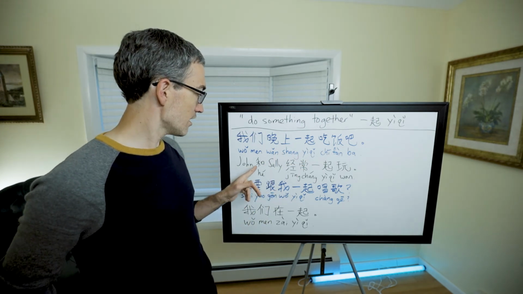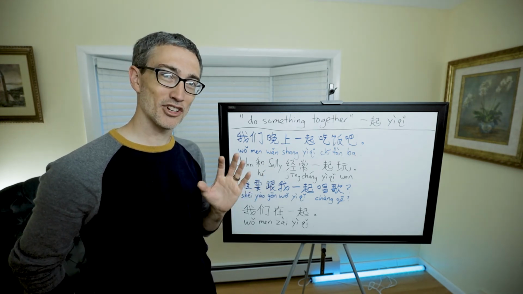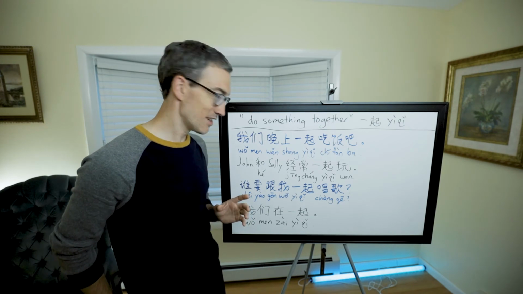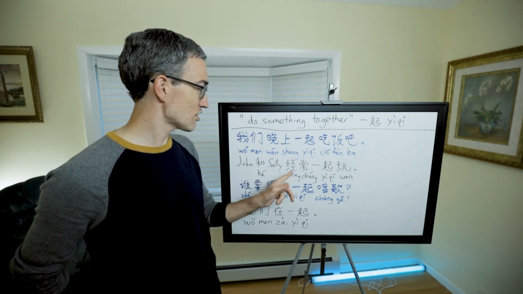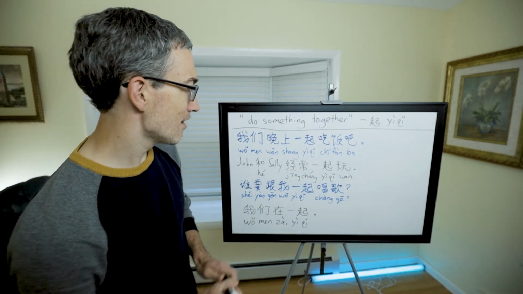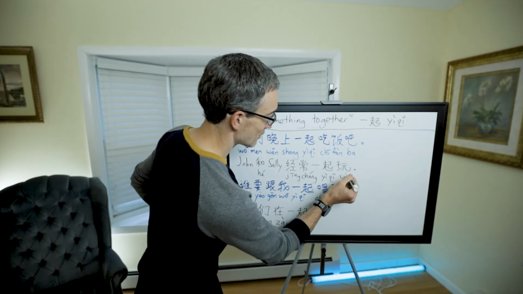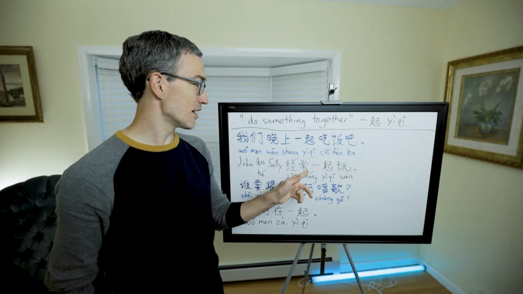Here we have John and Sally. I actually know a couple that is John and Sally. So it's kind of classic from the children's book couple here. John and Sally 经常一起玩. Oops, I need a little tone mark there. Okay, John and Sally 经常一起玩.